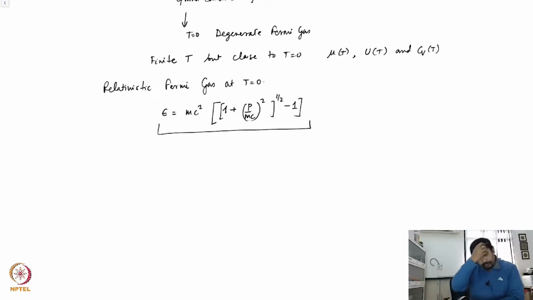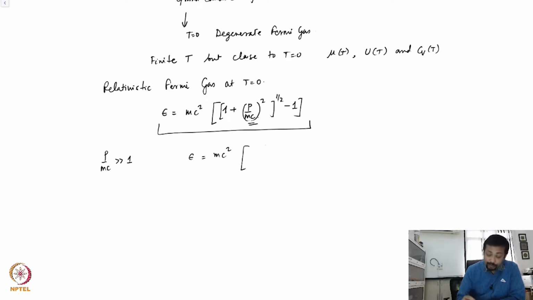So before we go ahead with the calculation, let's just look at two limits of this. First of all, if you look at p over mc much larger than 1, you will see that epsilon is mc square.